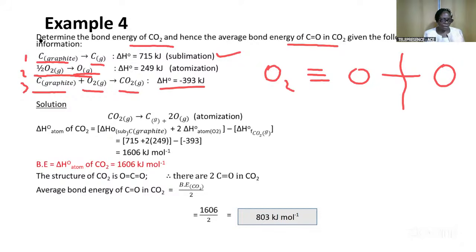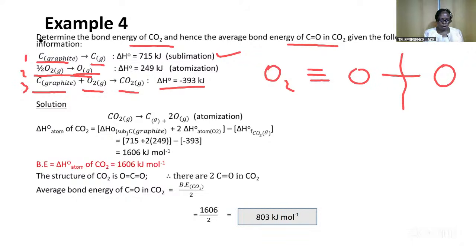To solve this problem, some principles are also tested. So if you look at equation 3 is actually given as the enthalpy of formation, but if we reverse that, you have the atomization take place.